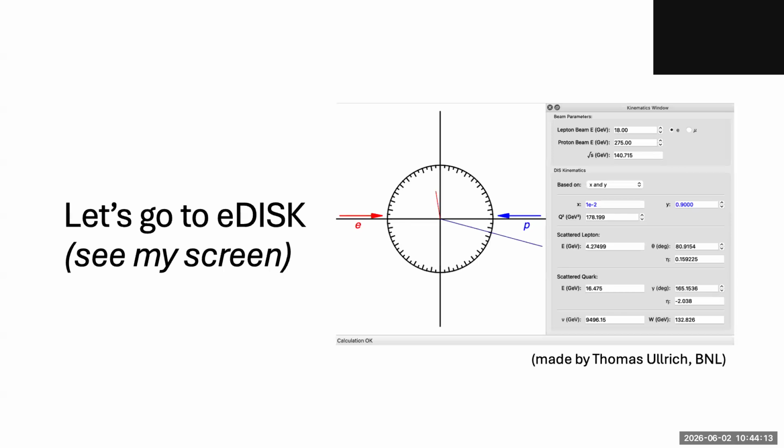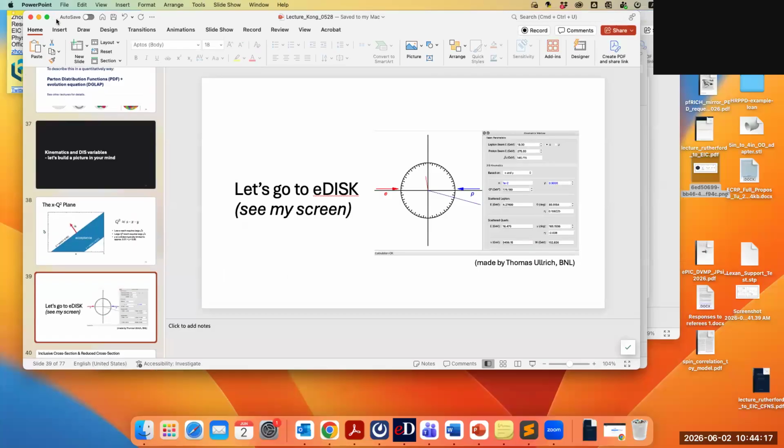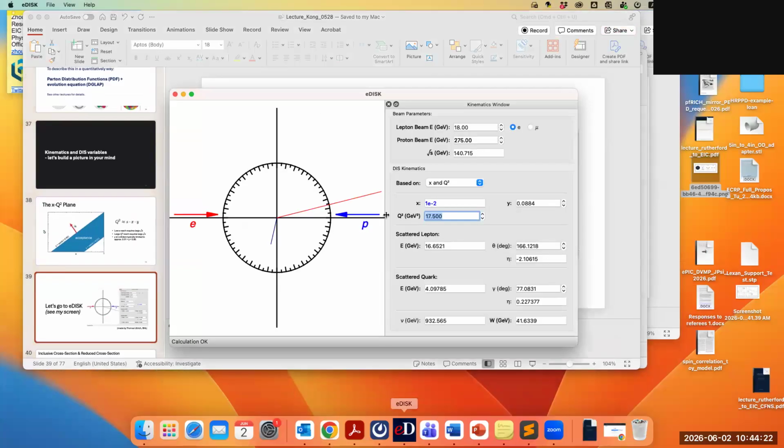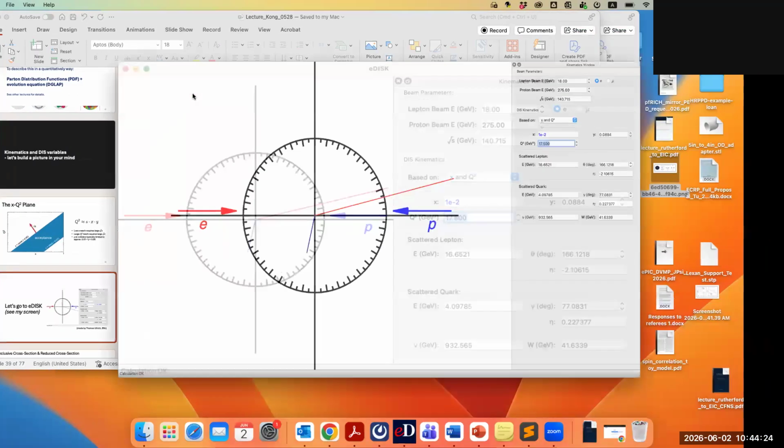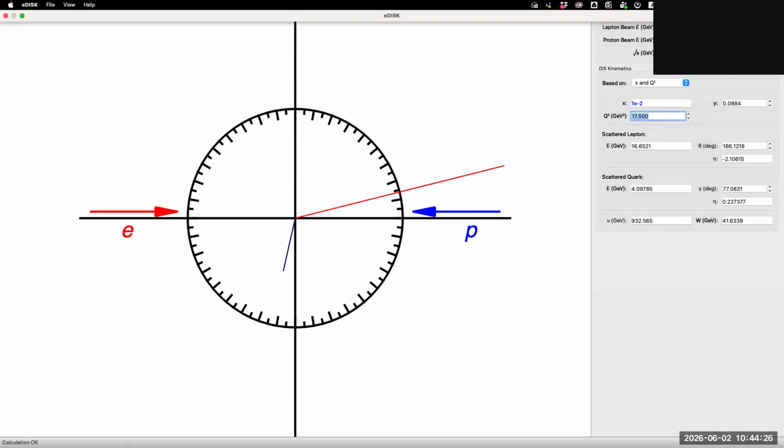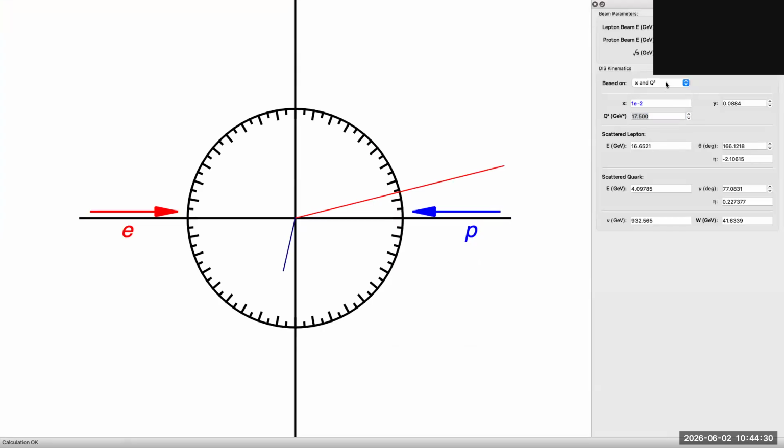So let me show you. This is an app written by my colleague, Thomas Ullrich. Voila. So now we can do a quick experiment. As I said, in the DIS problem there are only two independent variables.